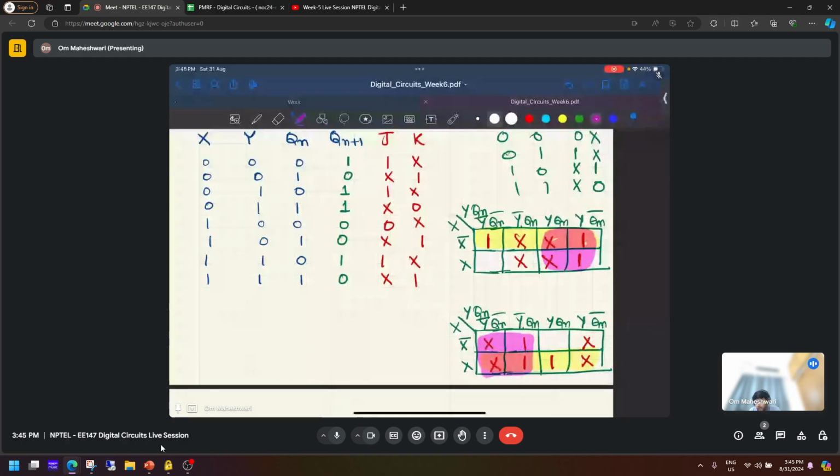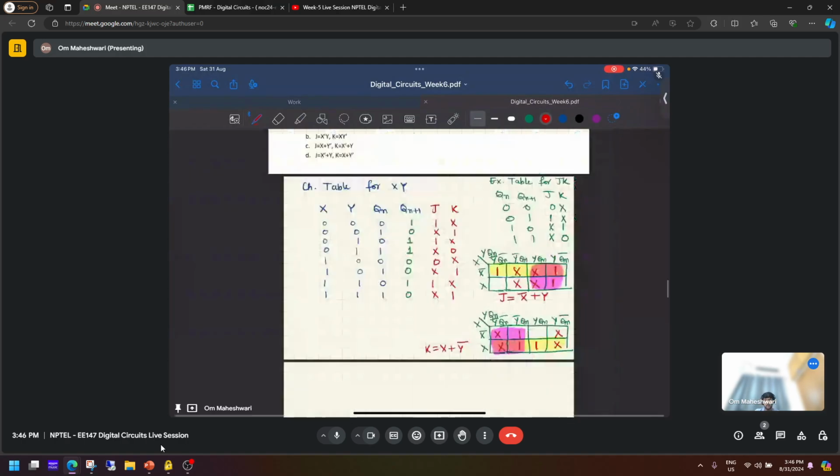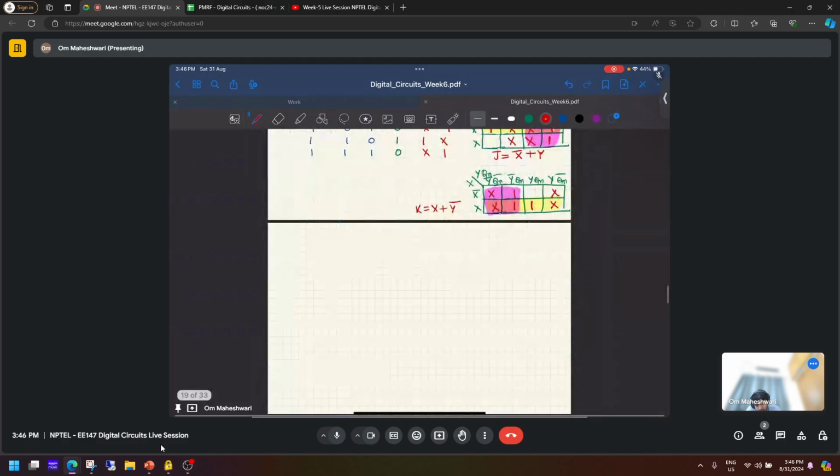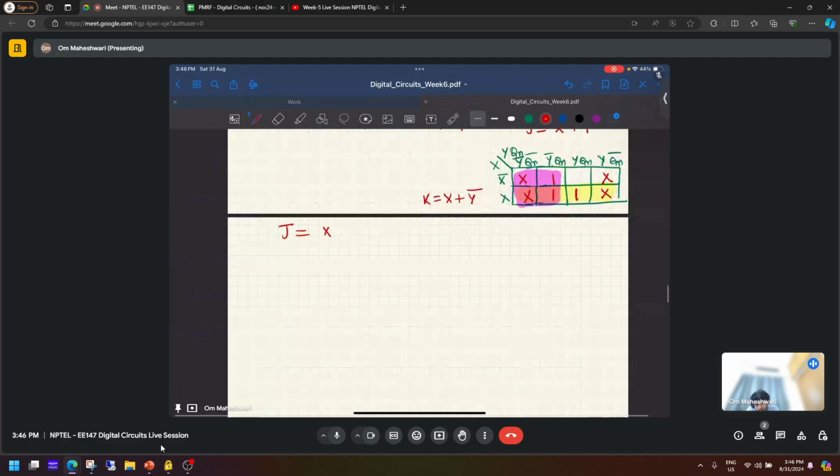So we can write J equals to X bar plus Y and K we can write as X plus Y bar. So we have J equals to X bar plus Y, K equals to X plus Y bar.